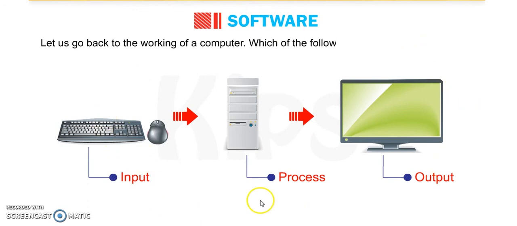This is called IPO cycle. I for input, P for process and O for output. Input we are giving with keyboard and mouse. Processing is done in CPU and output is coming on screen. This is the working chart of a computer.